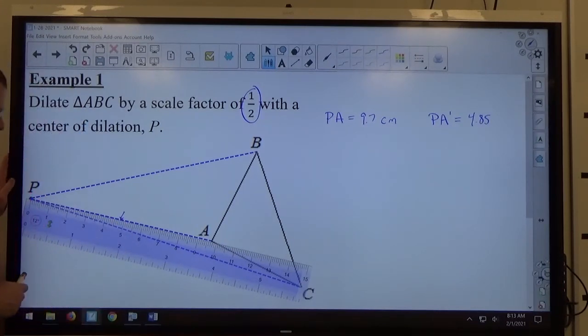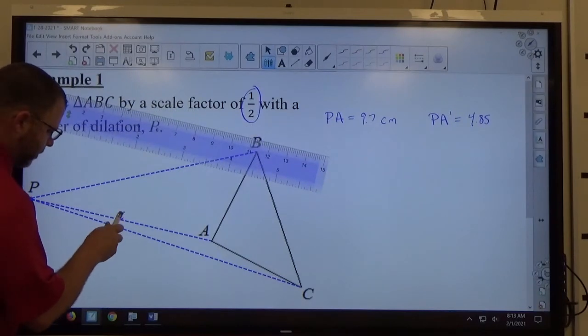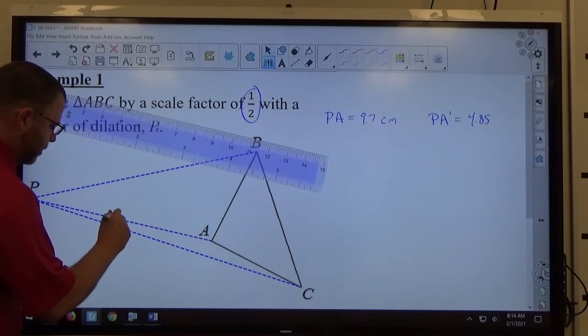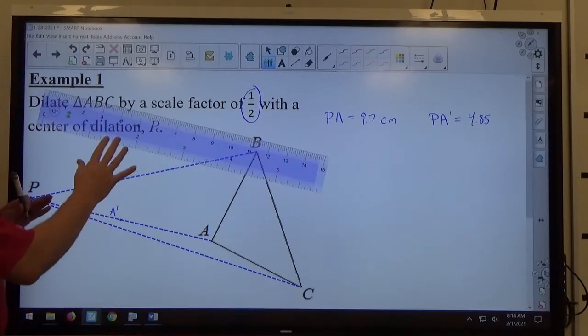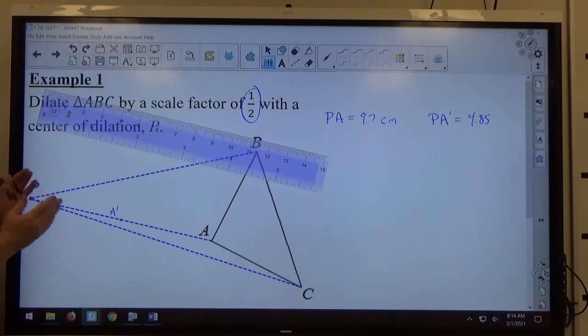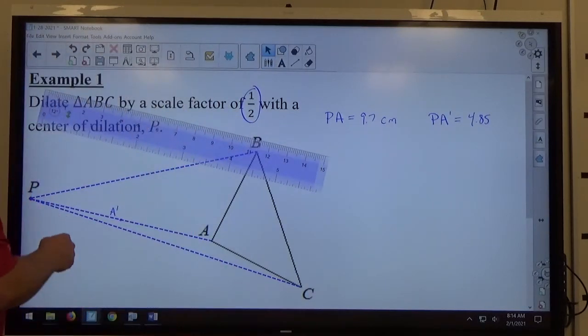And that's where point A prime is going to go. I'm envisioning that the shape's going to be a shrunken down version of that, but the angle should remain the same. So I'm putting A prime in a position where I'm not going to have to draw a line through it. All right, I do the same thing for PB and PC.